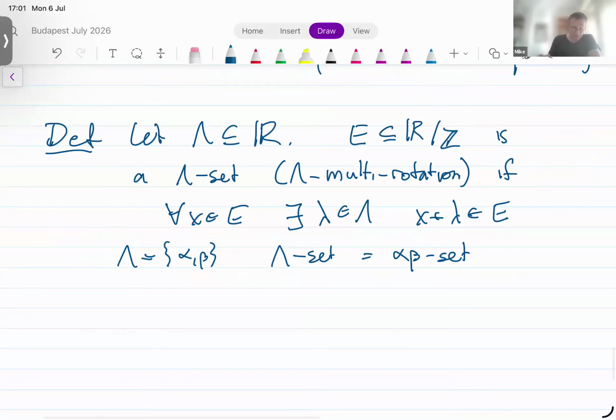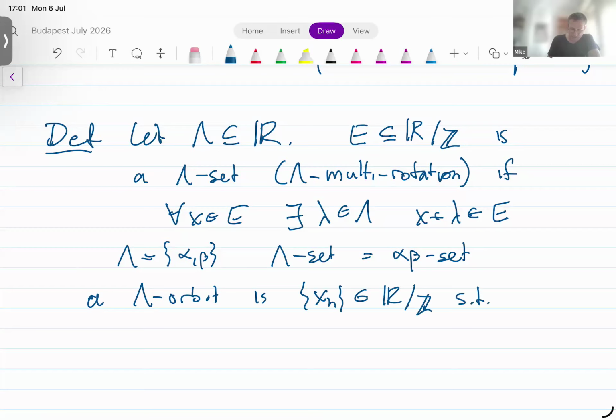And one more definition. A lambda orbit is a sequence of points in the torus, in the one torus, such that the differences between x_{n+1} and x_n are all taken from the set lambda mod 1.